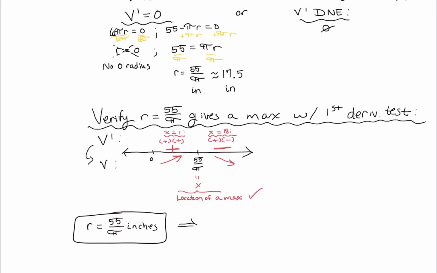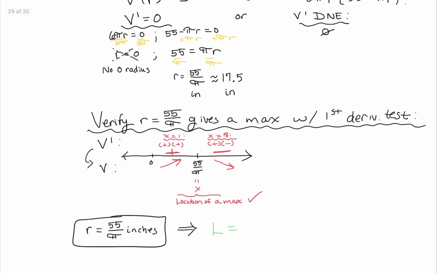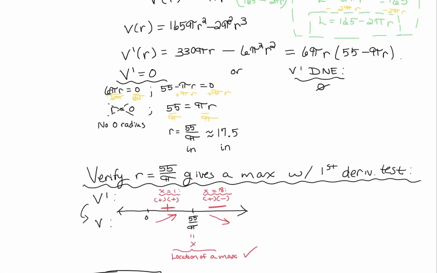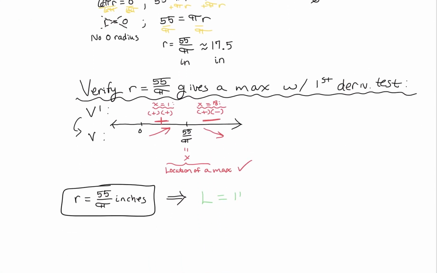And then subbing back into the constraints. So the one that you subbed back in for the L, so that was the 165 minus 2 pi r. So 165 minus 2 pi, and then replacing r with our 55 over pi.